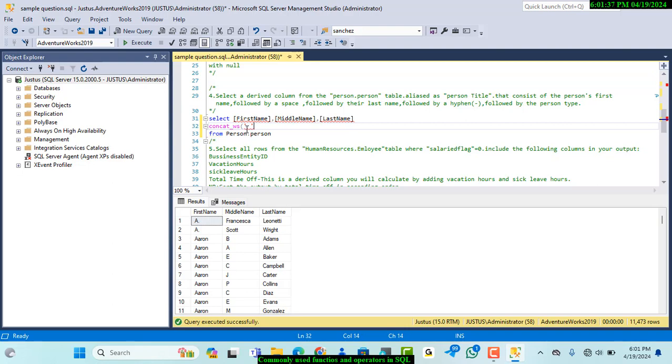Single quote, comma, first name, comma, middle name, comma, single quote, then a hyphen, followed by person type. The person type comes, then I close the bracket. So I want to replace this one with the person type.